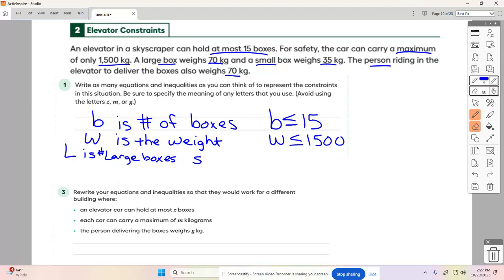And let's make S the number of small boxes. I know that altogether I have at most 15 boxes. So L plus S has to be less than or equal to 15.